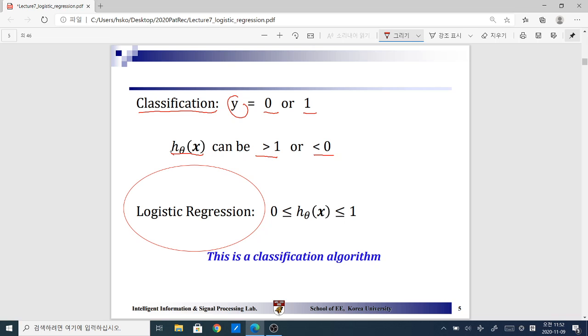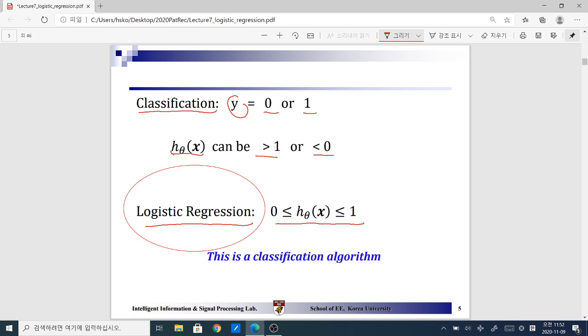So that's why we want to introduce the concept of logistic regression, where the logistic regression essentially is a probabilistic model, wherein it represents, by using probability, which class it belongs in, in terms of the level of probability.